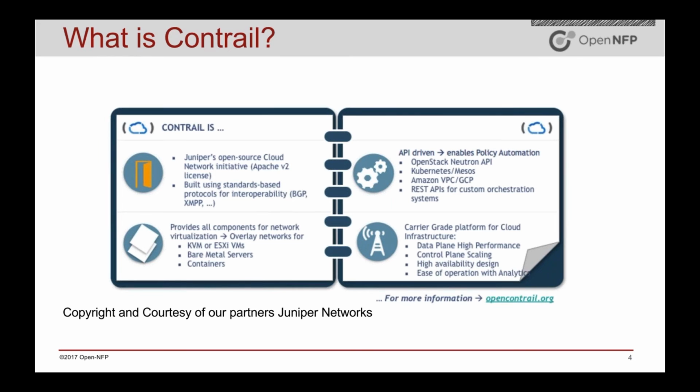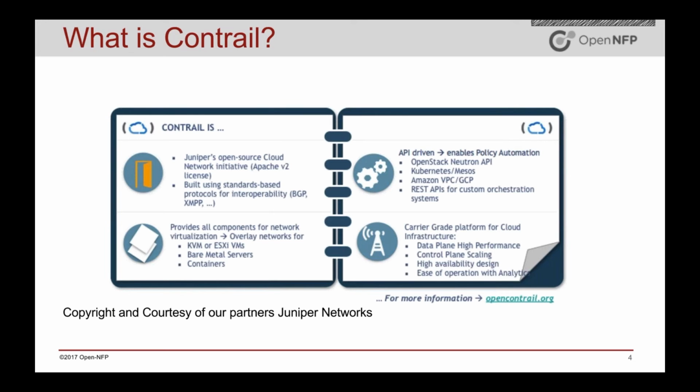Over to you, Ted. So Contrail is built upon standards-based protocols for interop, BGP being primarily the one we're highly interested in, because that allows one to scale networks very easily using standard technology. It provides all the components necessary for network virtualization, and we've primarily focused on KVM hypervisors.